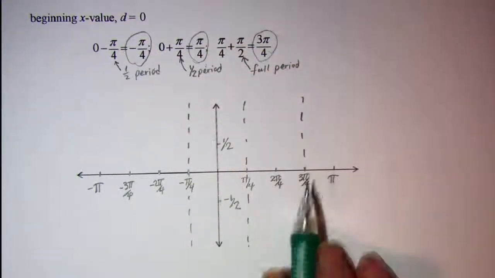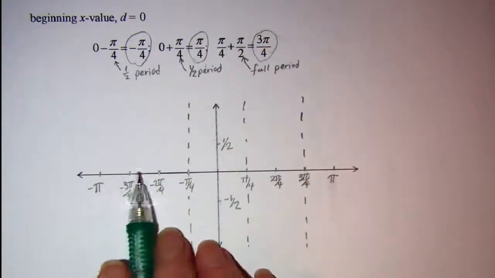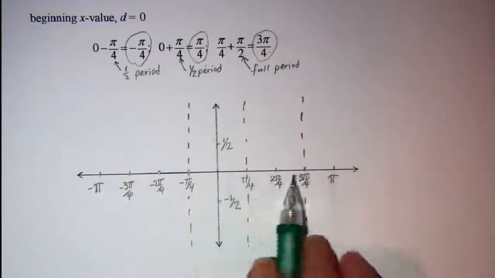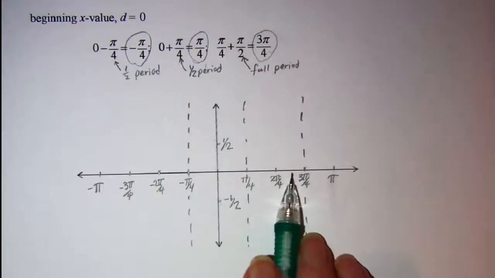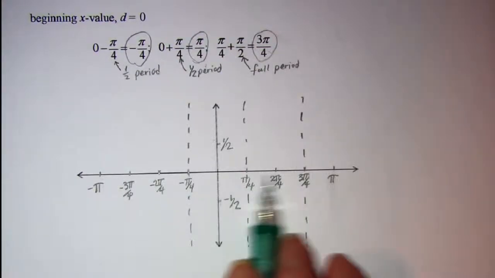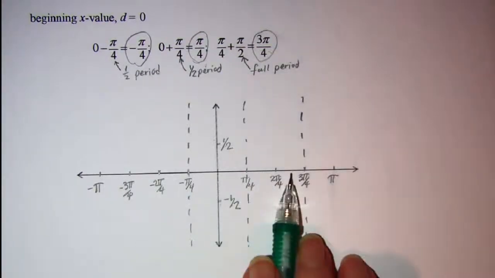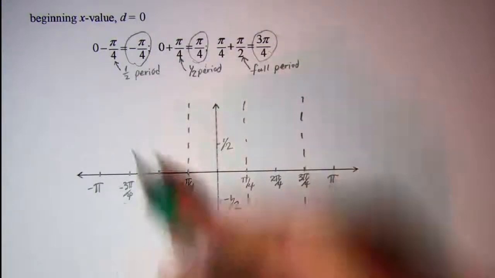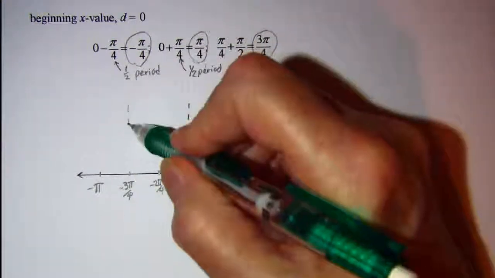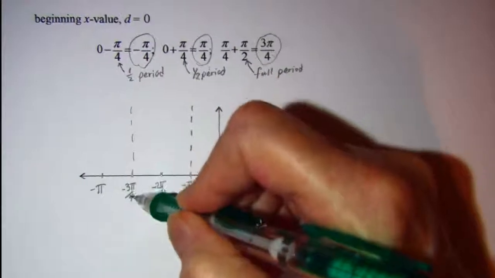And since I have room, I'm going to go ahead and draw my asymptote guideline over here too. I have pi over 2 is the width of my period, so I can draw one at negative 3 pi over 4.